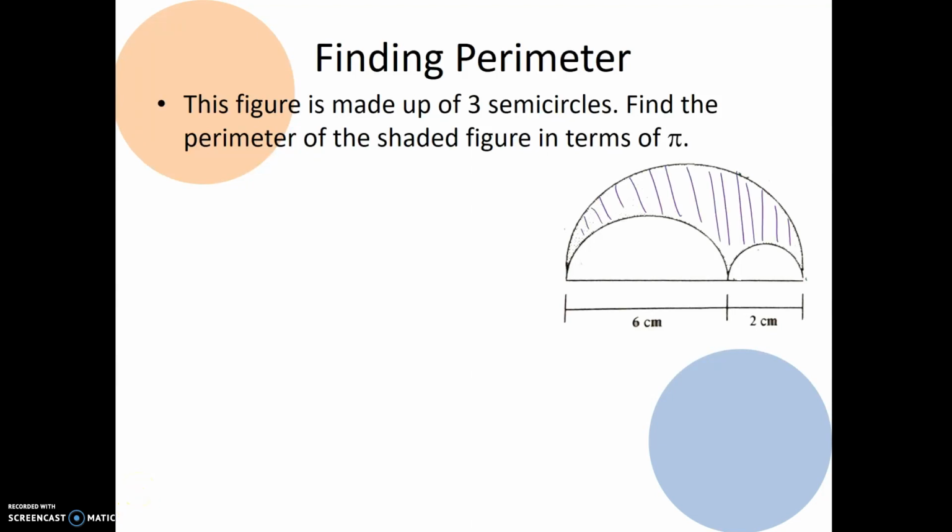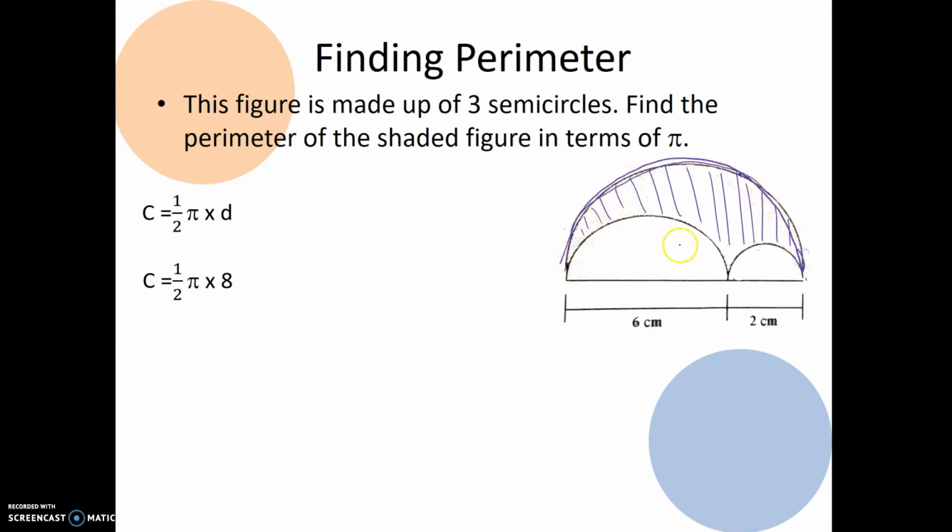Okay, now this is definitely a more challenging problem, isn't it? We're given 2 semicircles and we're given the diameters of those circles. So the first thing that we're going to do is find the perimeter of this semicircle right here, the big one.